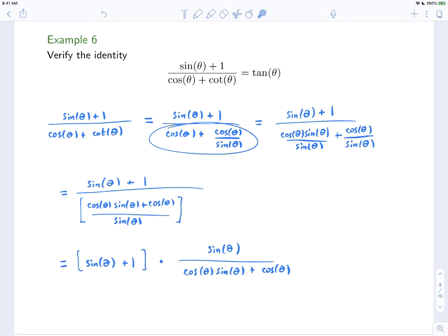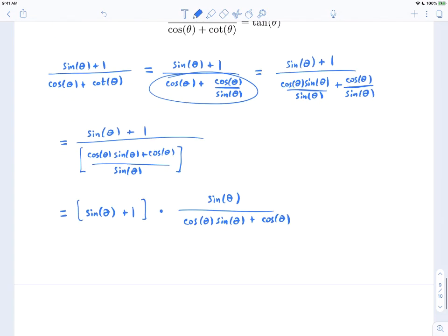Well, notice that we can actually factor out a cosine theta in the denominator now. So let's do that. So let's write this as sine of theta plus 1 times, and we have a sine of theta, and we're going to factor out a cosine theta. Cosine theta.